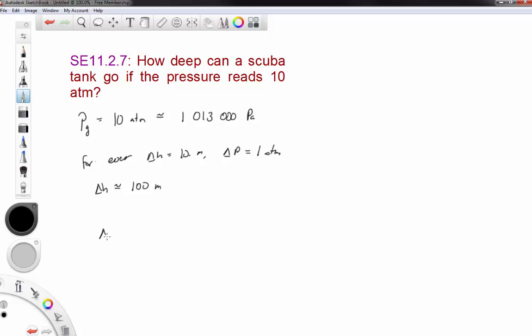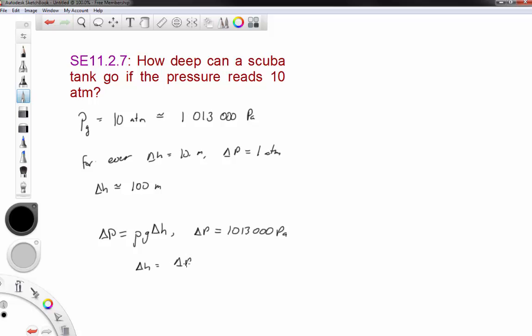We can be a little more precise if we'd like. Let's say it's salt water. Then delta P is rho g delta H, and delta P is 1,013,000 pascals as above.